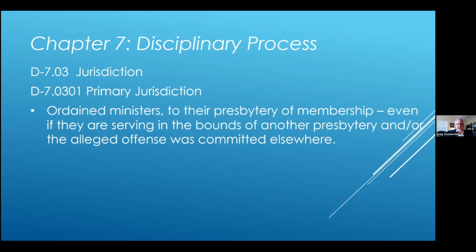We felt that membership is paramount, that if you are a minister of word and sacrament, you are a member of a presbytery, period. You may have permission to labor outside its bounds somewhere else, but your primary membership is your home presbytery, and that is the body that is still responsible for you for discipline.